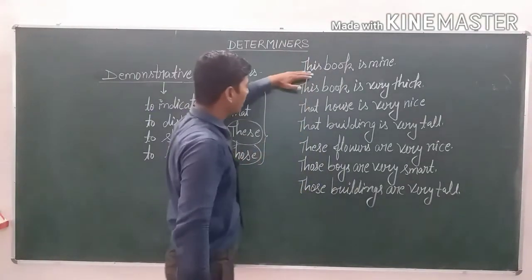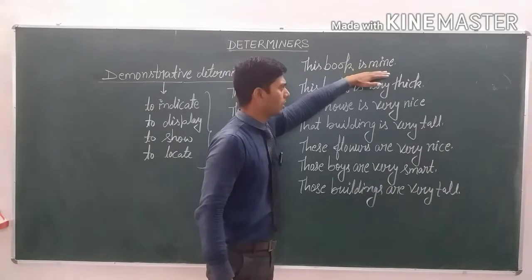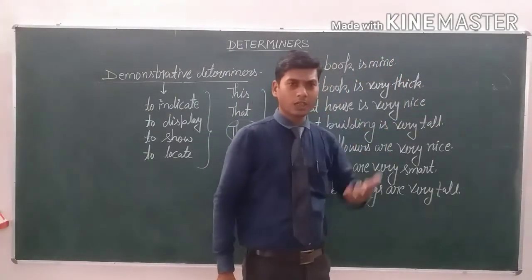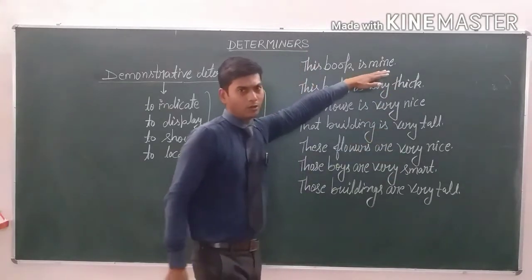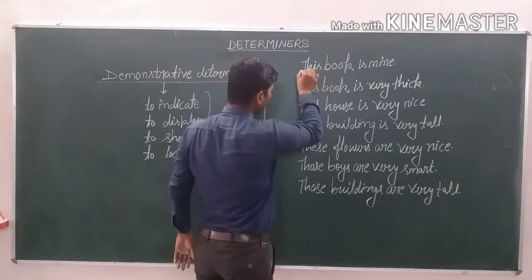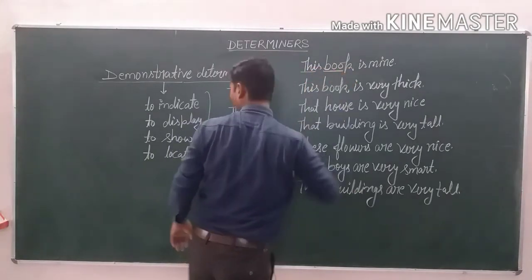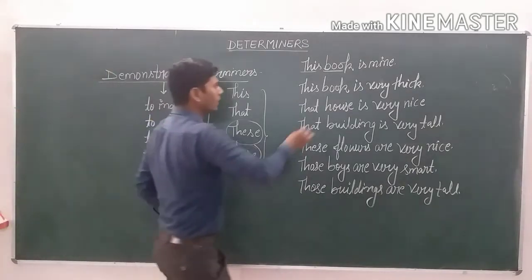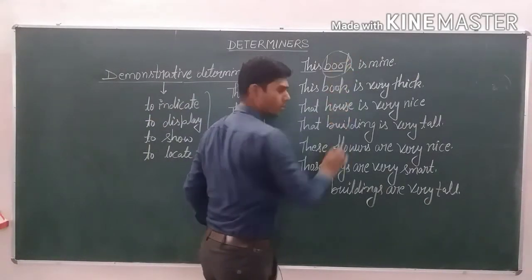First one, I have written, this book is mine. It means if there is no object at the end of the sentence, we have to use mine. Okay. I have written here this, after that book. It means the word book is a noun, right?